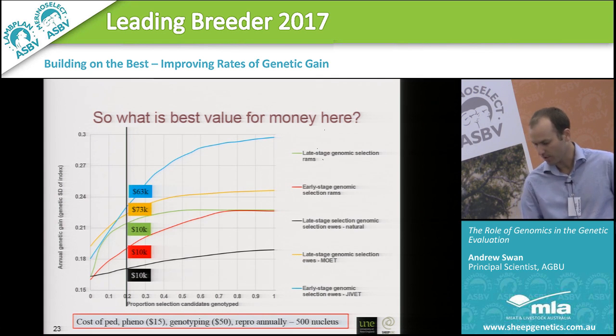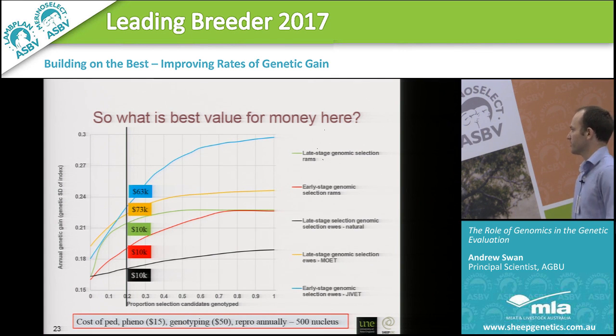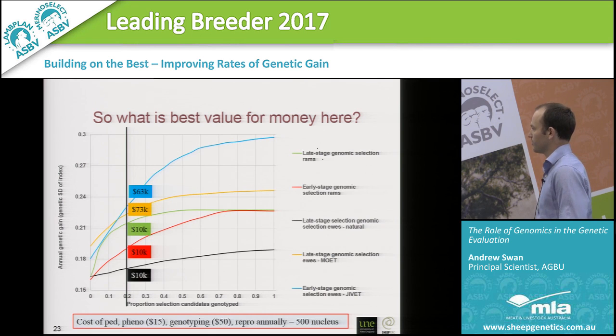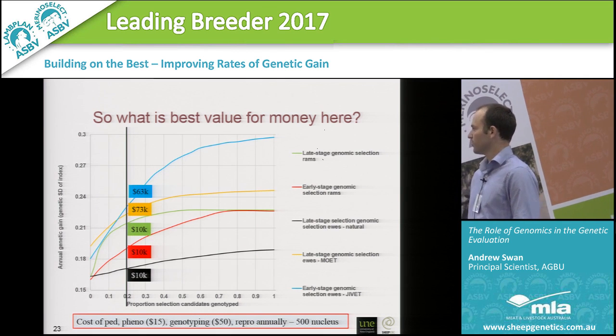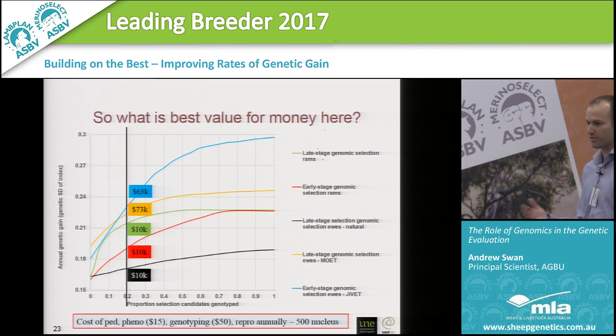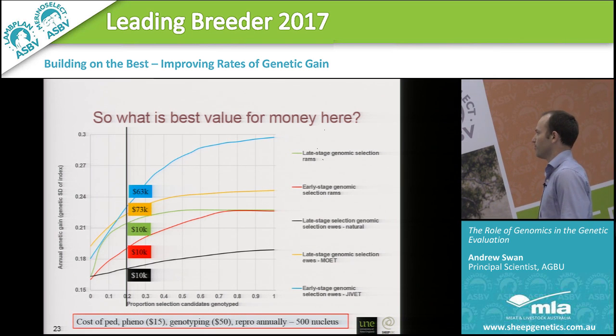So the overall cost of the breeding programs, here in the 3 natural mating programs, is about $10,000. We're assuming that we're genotyping 20%, which would be 50 rams or 50 ewes, which is $2,500. But we can see there's significant costs associated with mowat and GIVIT programs.